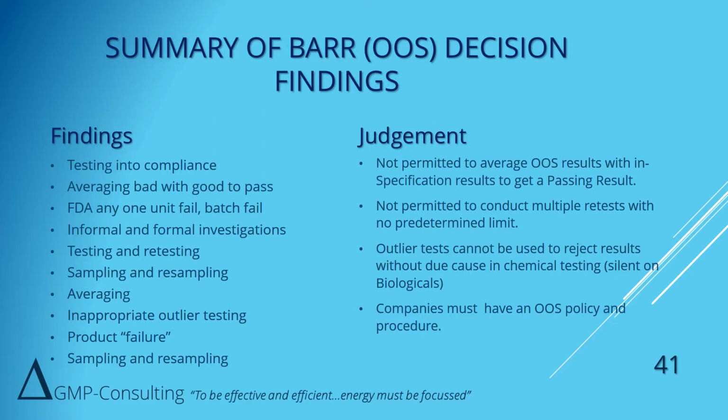The judgment was that you're not permitted to average out of spec results to get a pass. You're not permitted to conduct multiple retests without any predetermined limit. So you need to say if you're going to do 3, 5, 9 repeats. And also on the outlier testing, for chemical testing, you can't use it for chemical assays. You can use it in biological or biotech assays, but not in chemistry, because your product is meant to be homogeneous and representative.